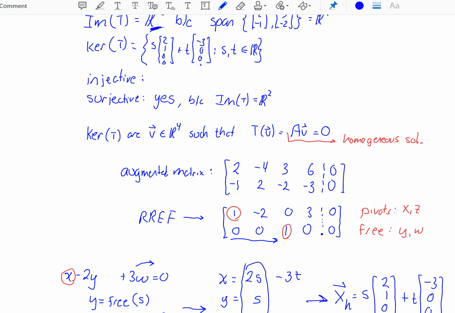It's all linear combinations of these two vectors. And because our kernel contains things that are not just the 0 vector, we can now say it's not injective. So no, because the kernel of T is not just the 0 vector. There are other things in the kernel.